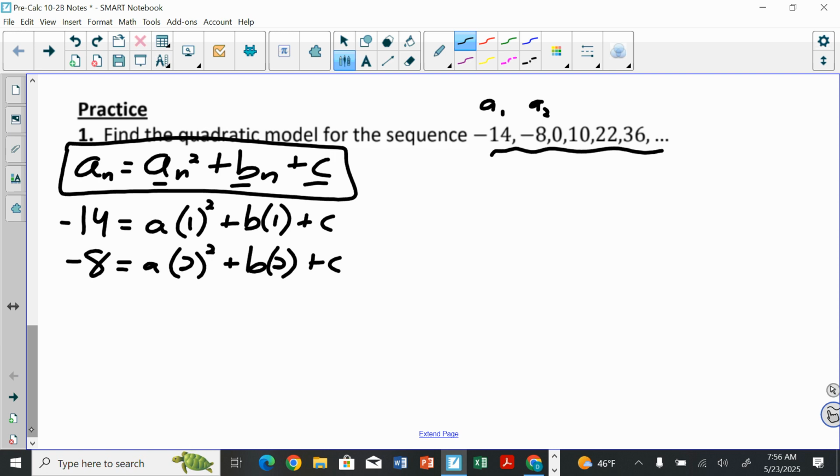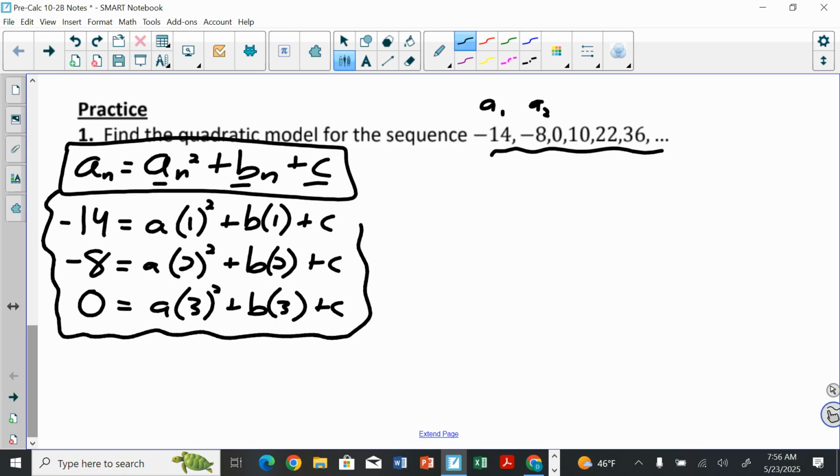And our third term, we've got 0 equals a times 3 squared plus 3b plus c. Now, you probably don't even have to do this part right here. Once you get rolling, you can jump to the next step. But I just wanted to show you, just like the example above.